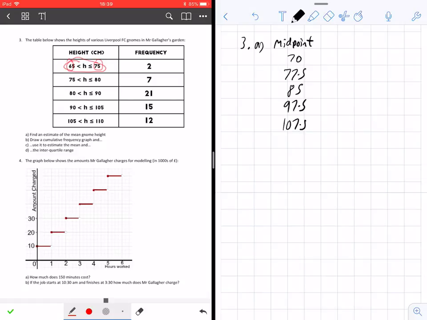And then my next column is going to be midpoint times frequency. So that is 2 multiplied by 70, 7 multiplied by 77.5, and so on and so forth.